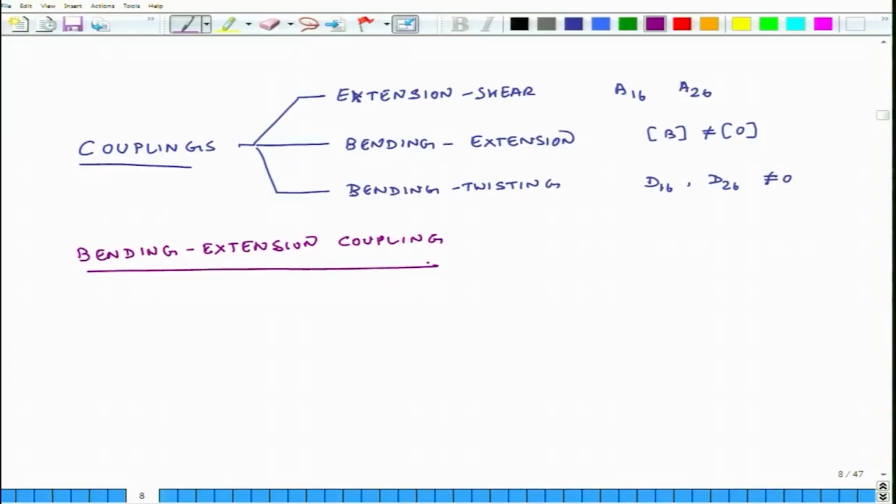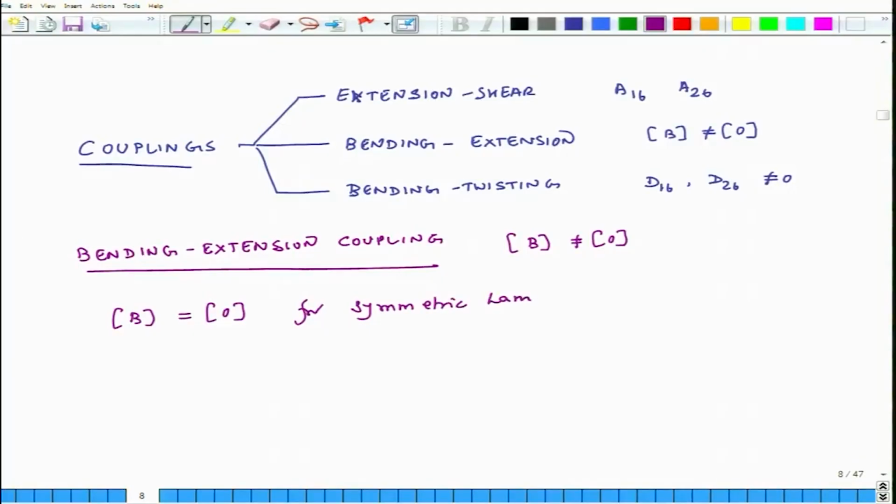Bending extension coupling, and we had said that this coupling exists when B is not equal to 0. So, how do we make B to be 0? And we had explained earlier, and now we will discuss the details, that B is 0 for symmetric laminates.